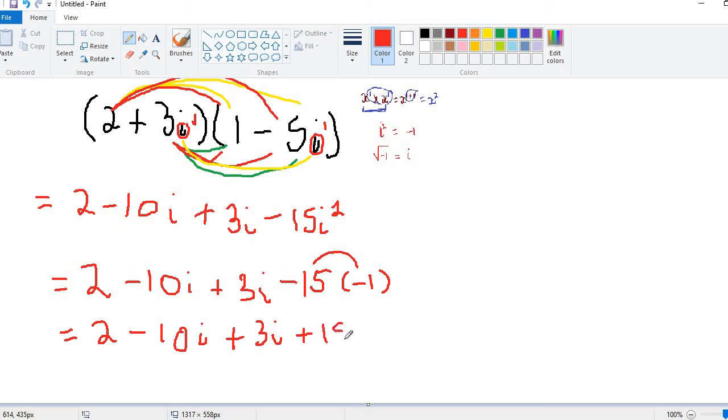I told you a number multiplied by a 1 gives us the same number. You just have to check the signs, if the 1 is negative or the number you multiply the 1 with is negative or positive, and then you look at the rules. So now we're going to add the like terms, so 2 plus 15, that's 17.